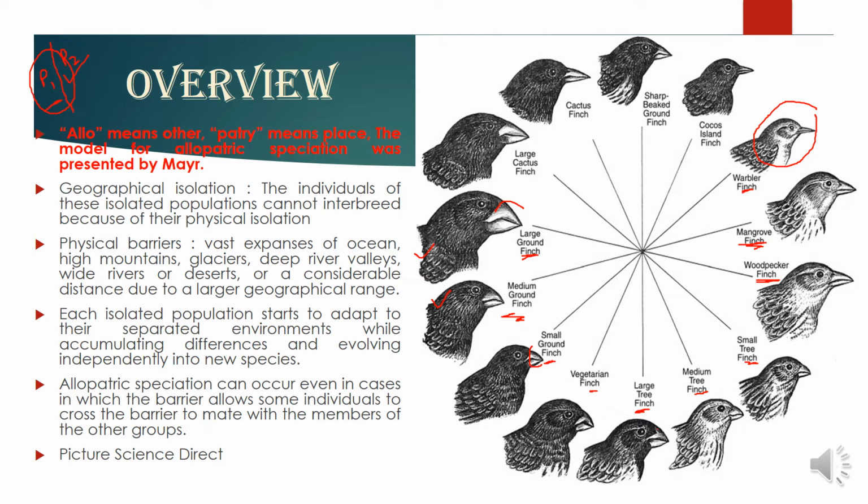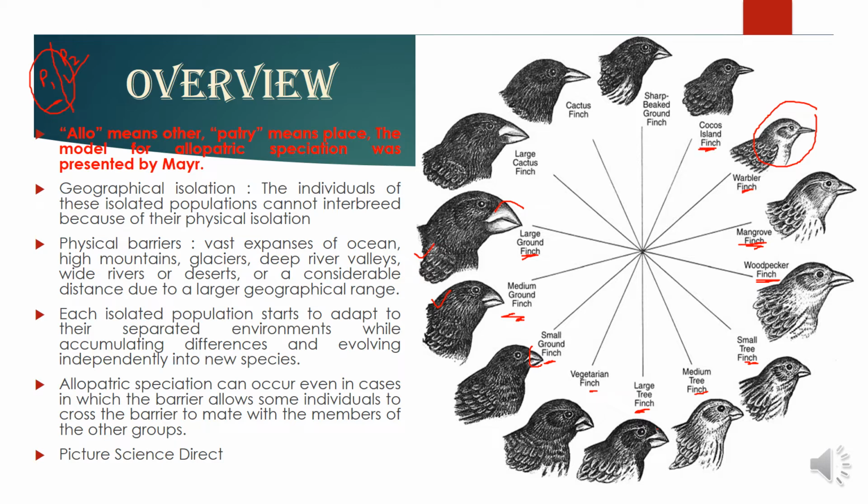The gray one feeds on vegetable matter, and the green variety feeds on the epiphytes as well as the lichens and insects present on the branch. So we see that they depend on both vegetable matter as well as insects. This is the warbler finch.